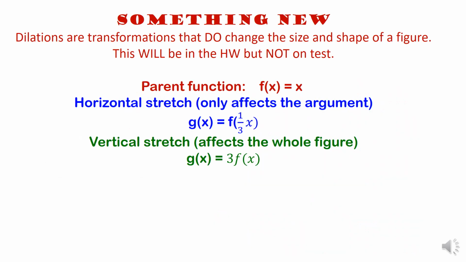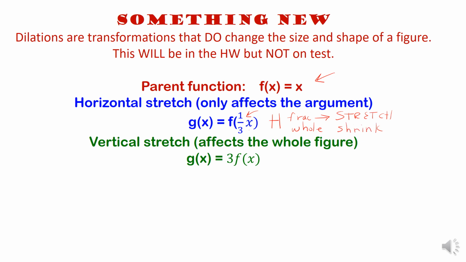Okay, how to show those? So here's my parent function. If it's inside, and this is where you have to be careful, if it's inside with the x, then that means it's horizontal. With a horizontal, a fraction means a stretch, and a whole number means a shrink.